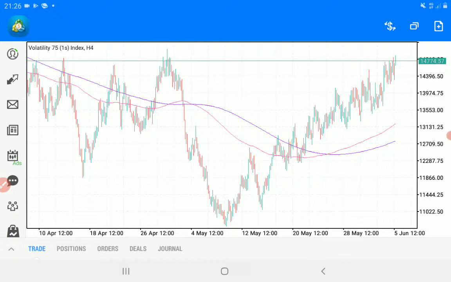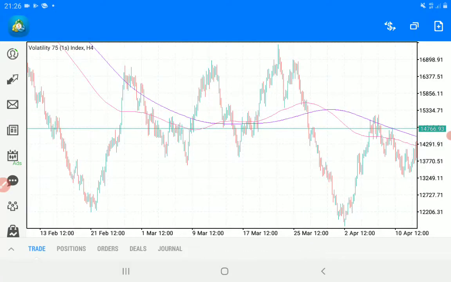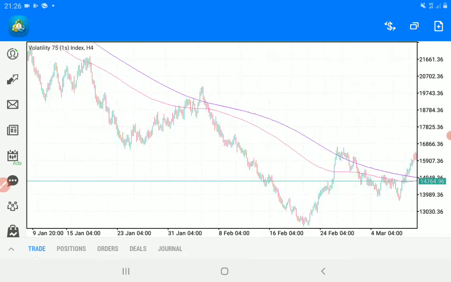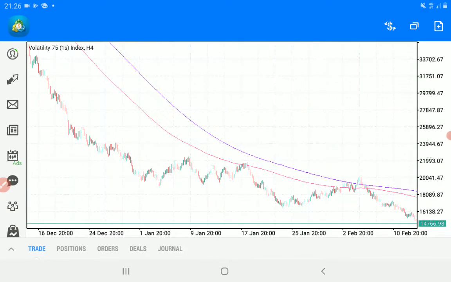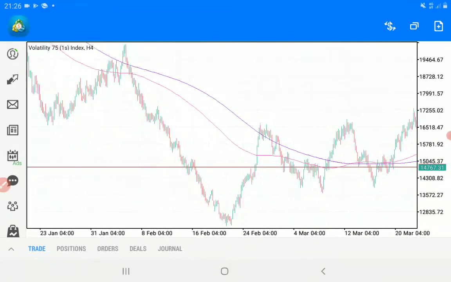So the first thing that I learned when I dived into price action is that one has to study market behavior. You have to make sure that you know how the market behaves before you start trading.